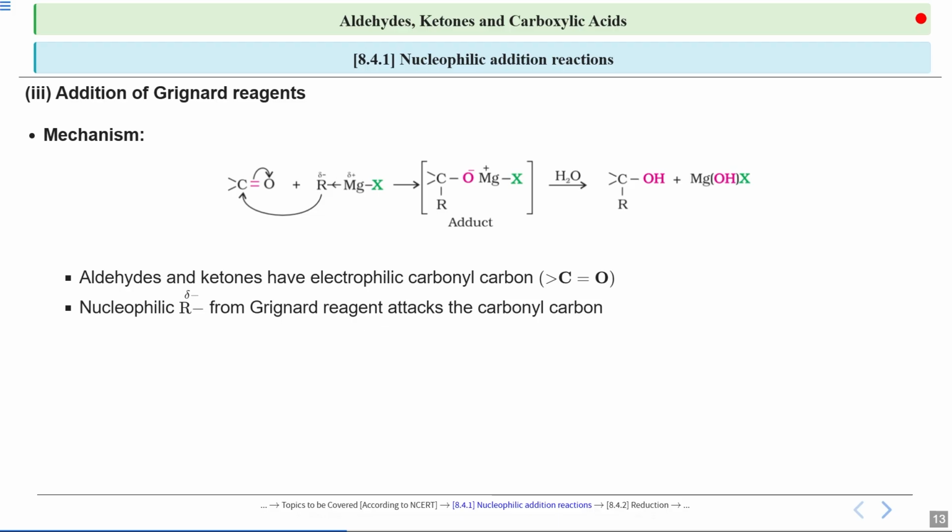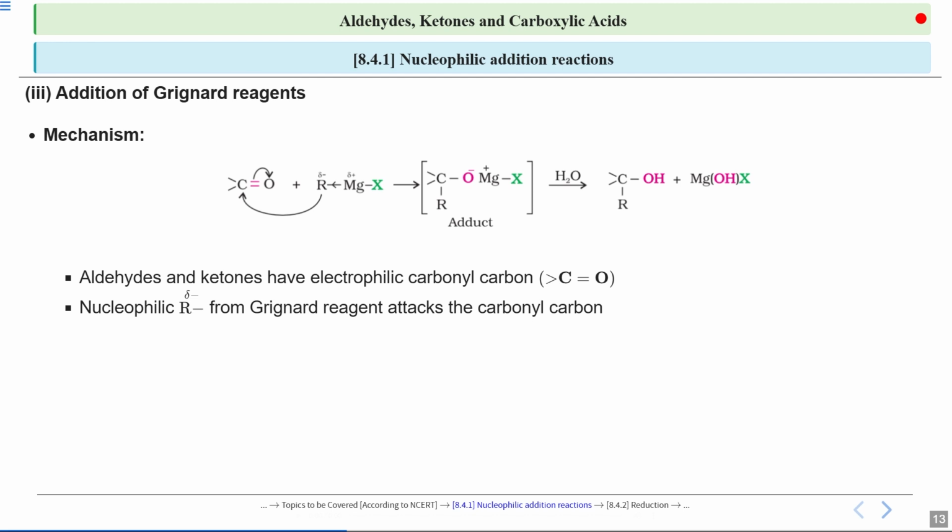Now Grignard reagent has the form RMgX. So the bond is polar, and it reacts like a carbanion, a strong nucleophile, and MgX acts as an electrophile. So when the Grignard reagent, which has a negatively charged carbon, approaches the carbonyl carbon, it attacks that carbonyl carbon.